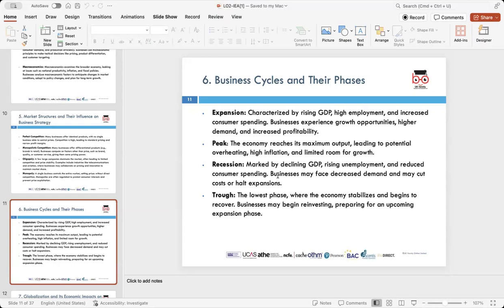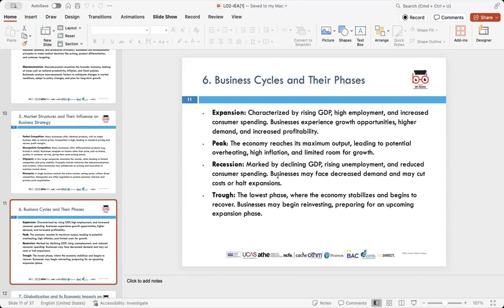Peak. At the peak, the economy reaches its maximum output. However, inflation may rise and growth may slow down due to limited resources. Businesses must be cautious not to overexpand during this phase, as a downturn might follow.